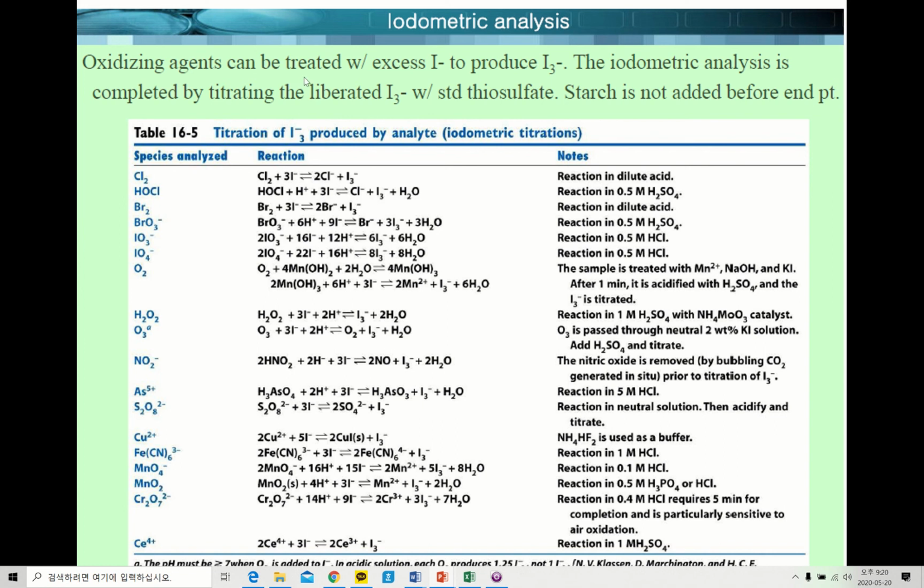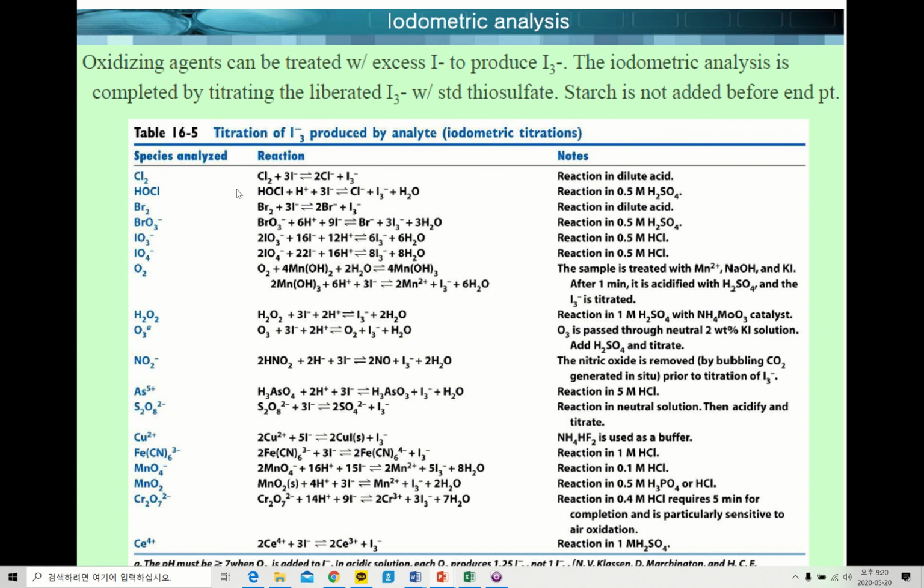There are also a lot of species that can be determined by iodometric titration. For example, chlorine, this gas, is also an oxidizing agent, so chlorine cannot react with iodine. So chlorine first reacts with iodide. As a result, triiodide is produced, and this triiodide is determined by thiosulfate.